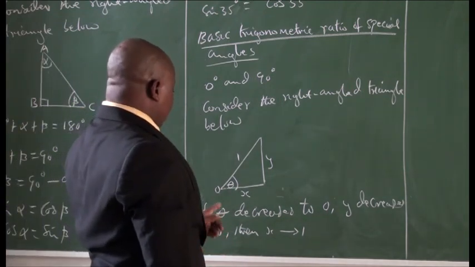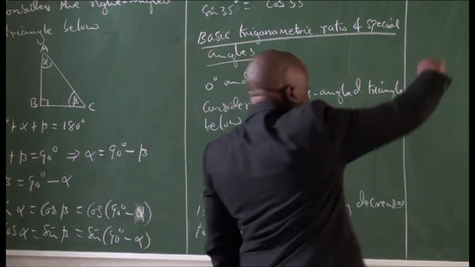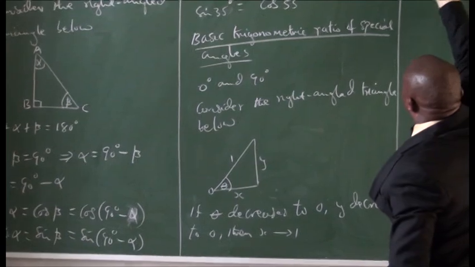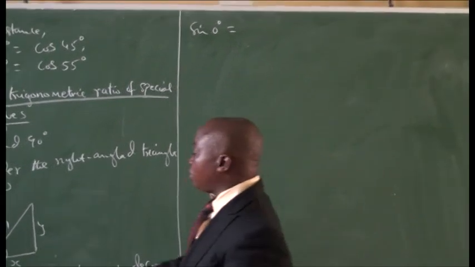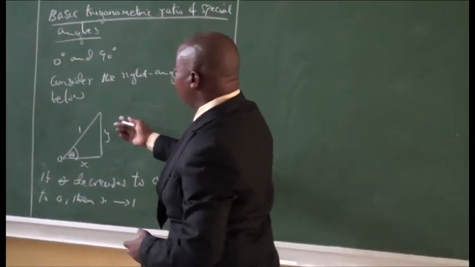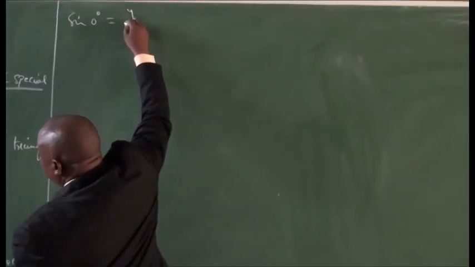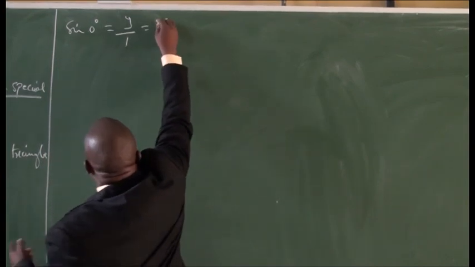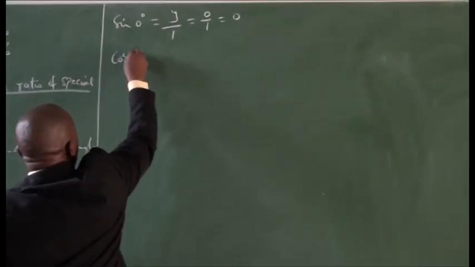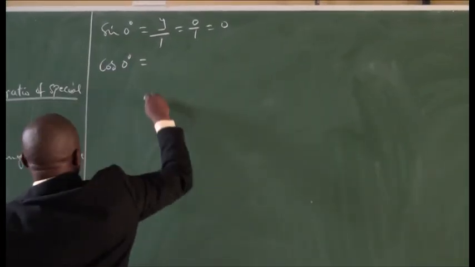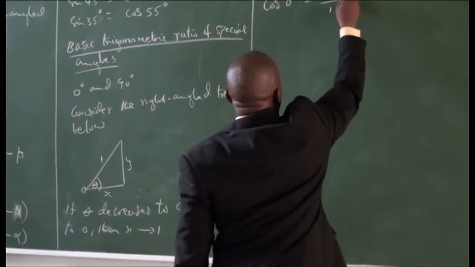Then we can see that in such an approach, if I need sine 0 degrees, we know that sine is always opposite over hypotenuse. Sine 0 equals y over 1, and y is 0, so you have 0 over 1, which is 0. Cos 0 degrees is adjacent over hypotenuse, that is x over 1.